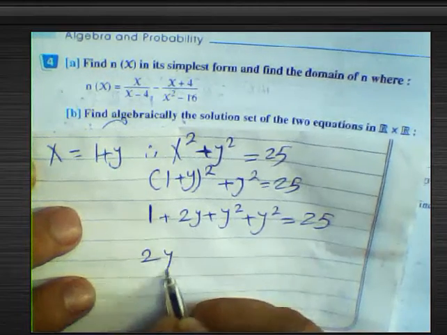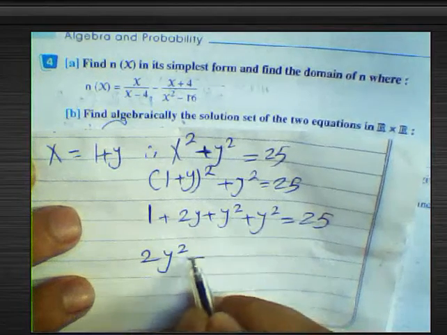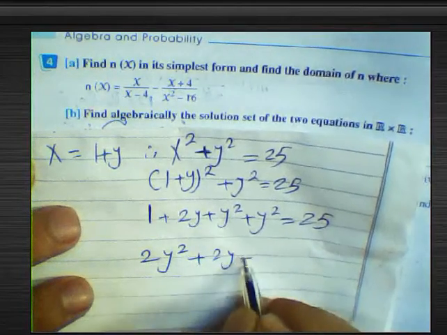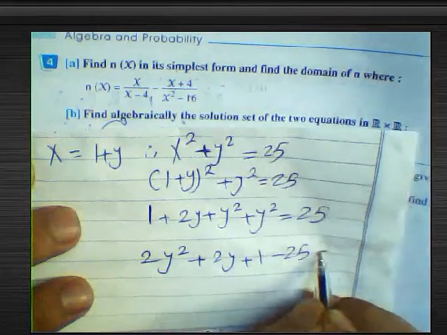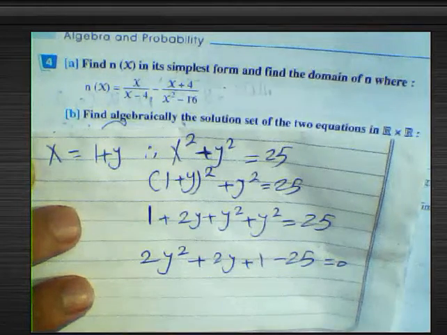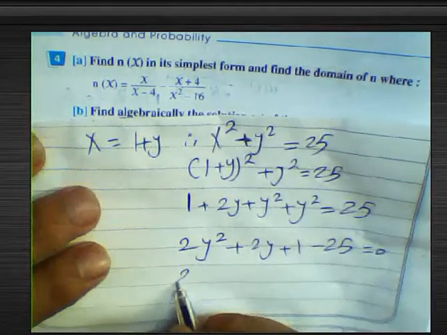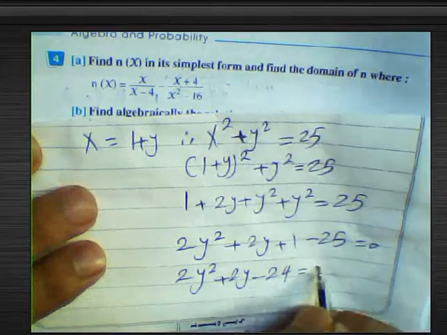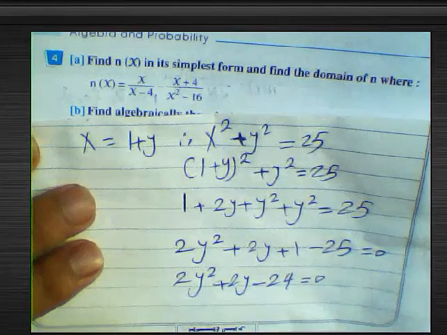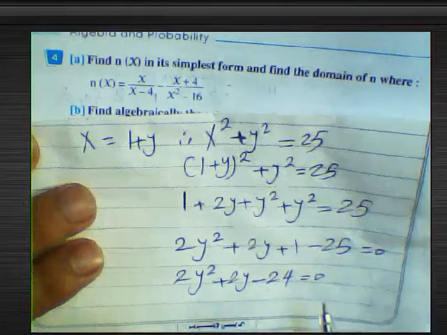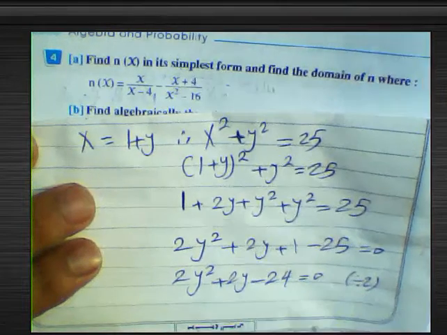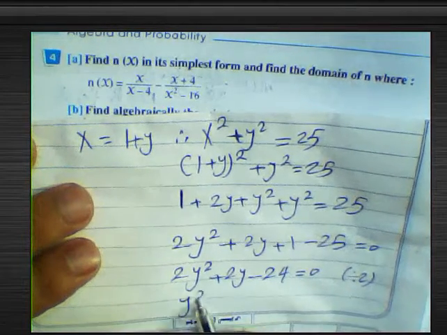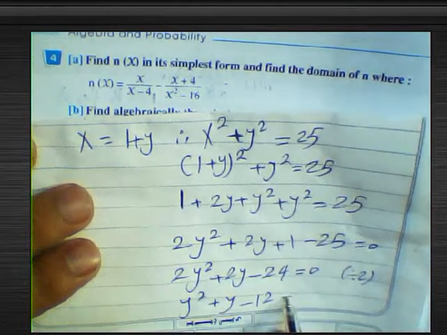The result will be 2y power 2 plus 2y plus 1 subtract 25 equals 0, so 2y power 2 plus 2y subtract 24 equals 0, because 1 and negative 25 make negative 24. We simplify by dividing by 2. The result will be y power 2 plus y subtract 12 equals 0.